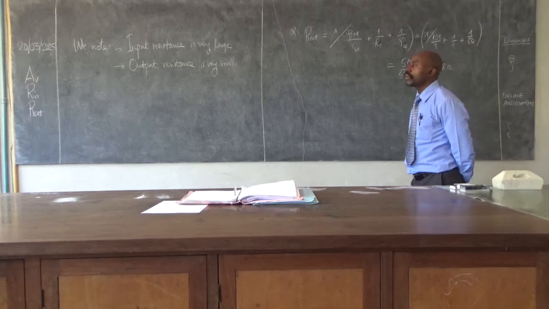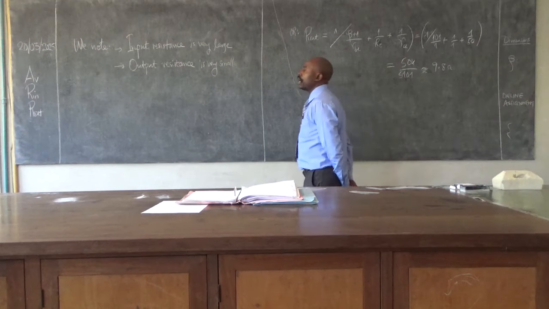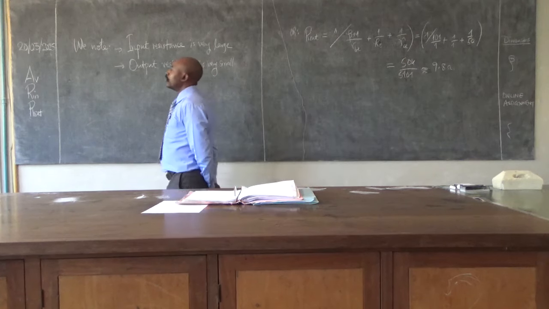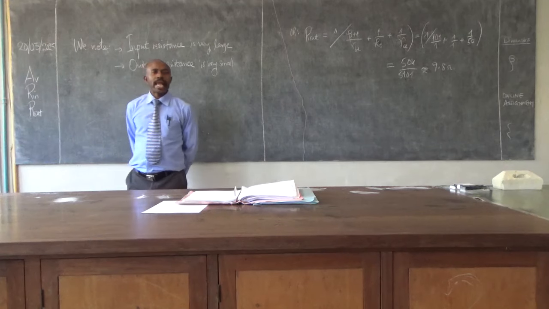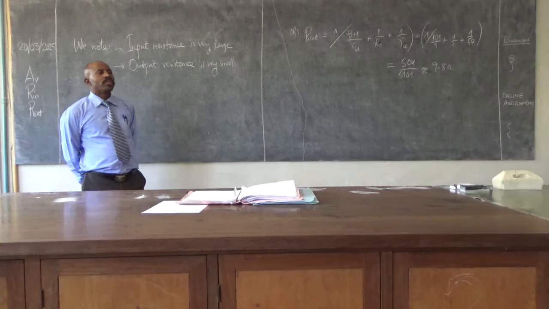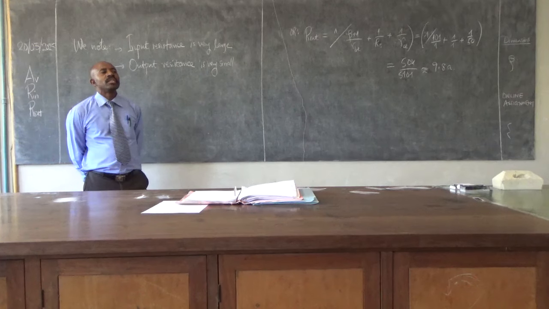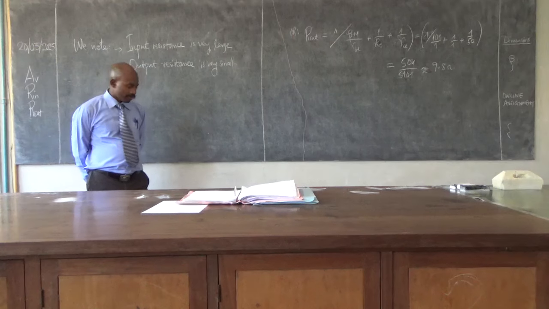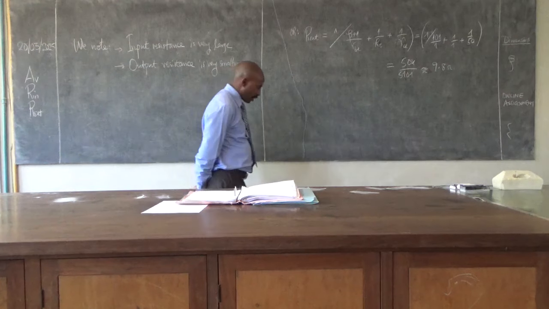The voltmeter does not consume any current, so that you can measure the PD and depict it as the voltage you are trying to measure.